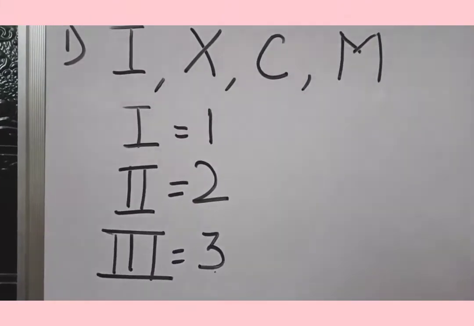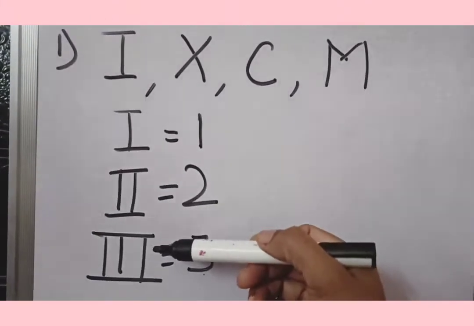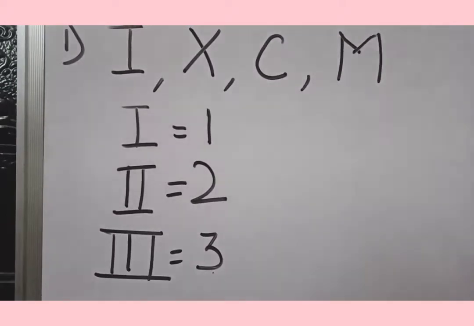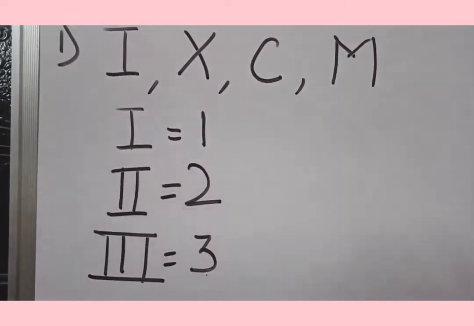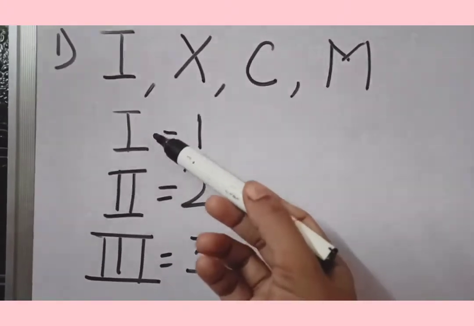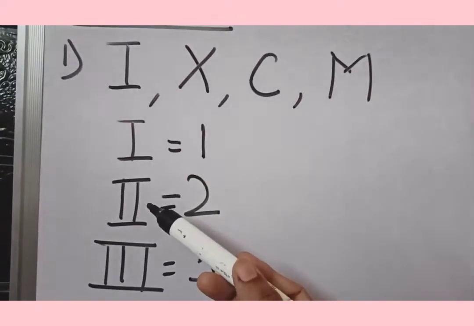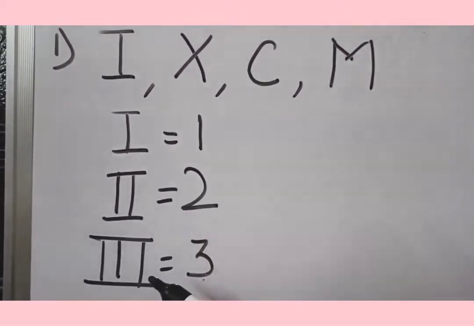Now you must have seen all these numbers in your classrooms also, right? On the doors, they are labeled 1A, 1B, 2A, 2B, 3A, 3B.